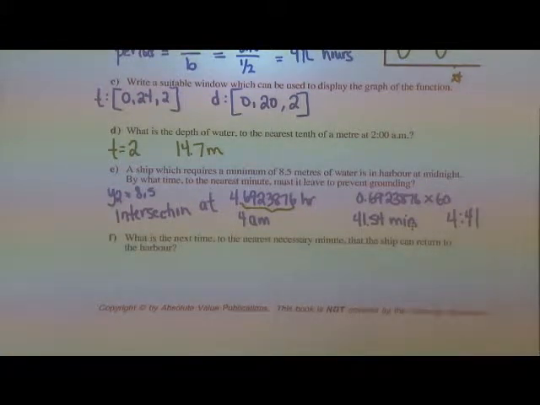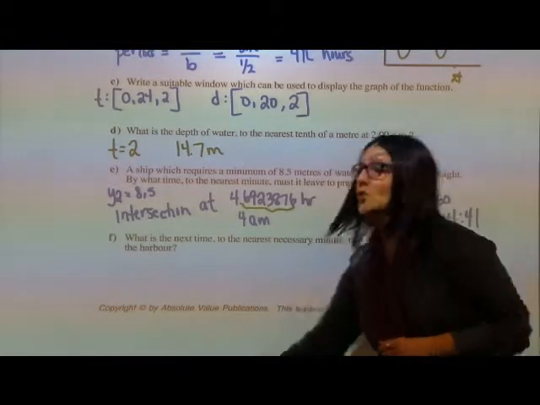And then the next question is, when can they return back? So that would be the second intersection point, this one.